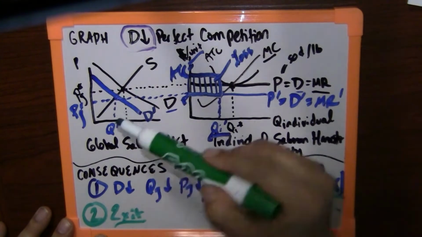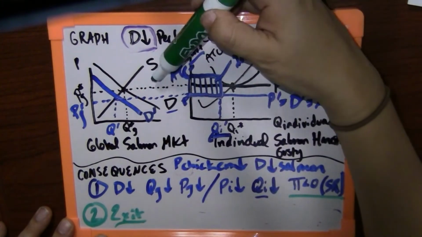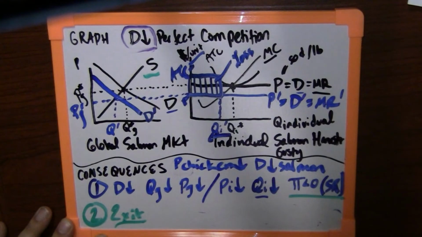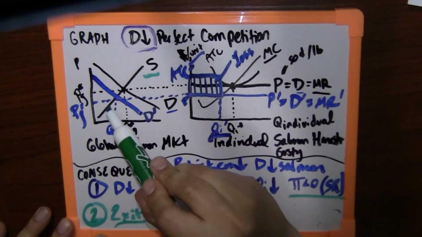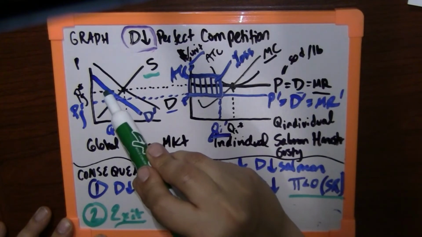You can think of each person that exits as marching this supply curve back to the left, right? Reducing the quantity supplied at every price. Because one of our determinants of supply, going all the way back to chapter 3, was the number of firms, the number of suppliers. So each person that exits pushes the supply this way, right?